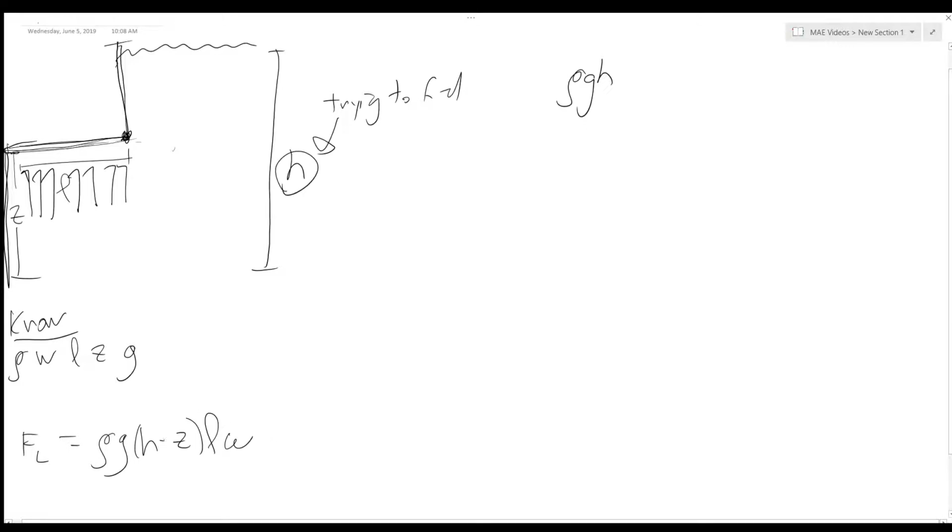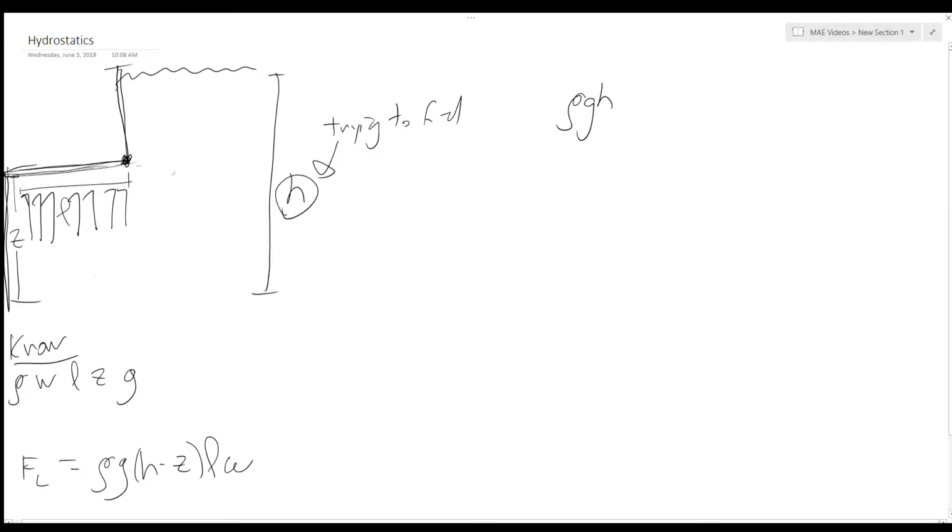Then if we're trying to make this into a moment equation, our resultant force is applied right in the middle, which is L over 2 away from the fulcrum point that we're doing the sum of moments about.